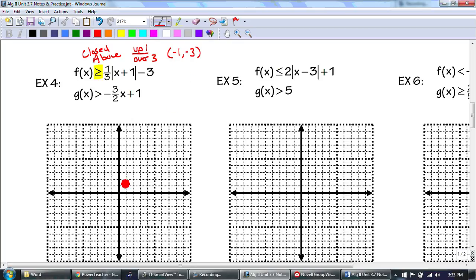Okay, so at -1, -3 is where I start, and I go up 1 over 3, up 1 over 3, up 1 over 3. And I'm doing that in both directions. Okay?